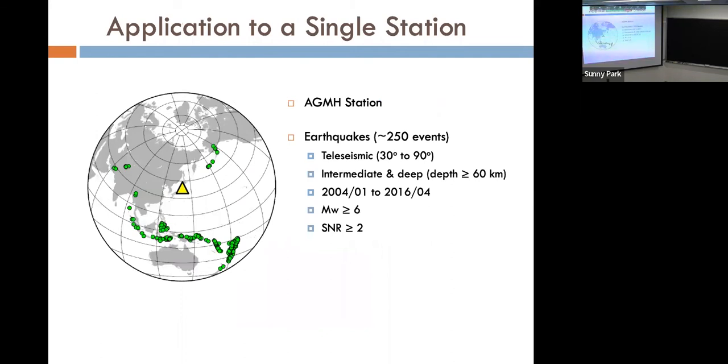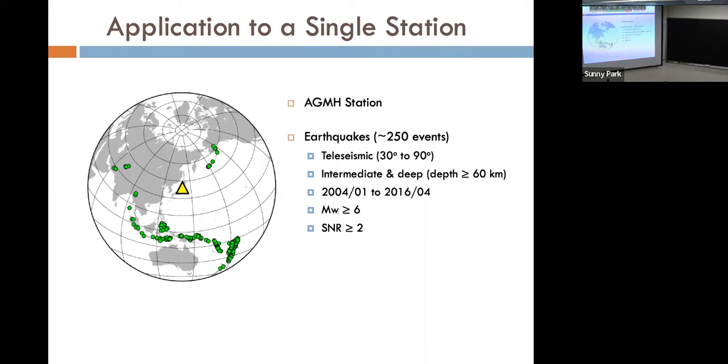There are about 250 events, and they are far away, intermediate and deep, about magnitude 6 and above. We are using most of those earthquakes in that criteria from 2004, which is basically when this station started operating. And we have a signal to noise cutoff at 2.